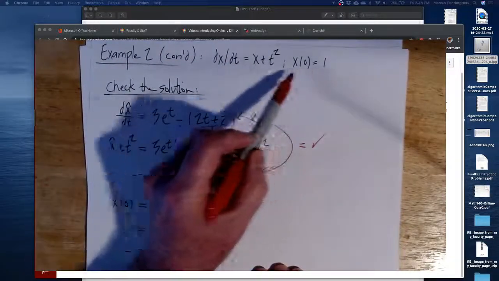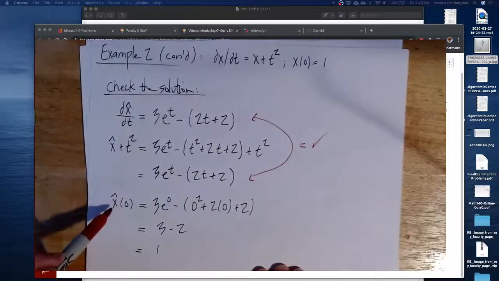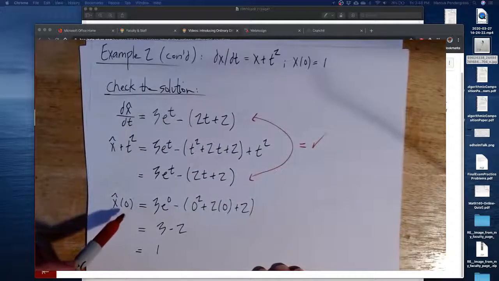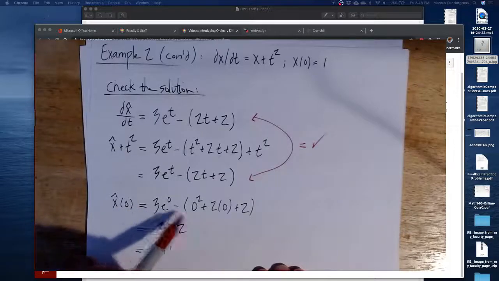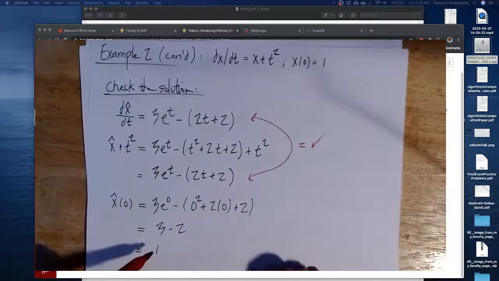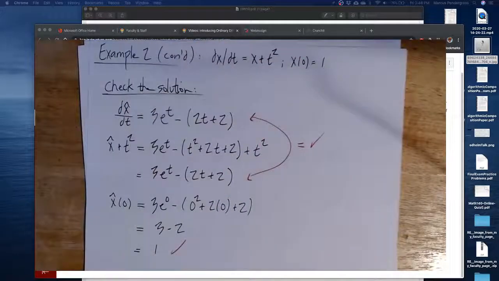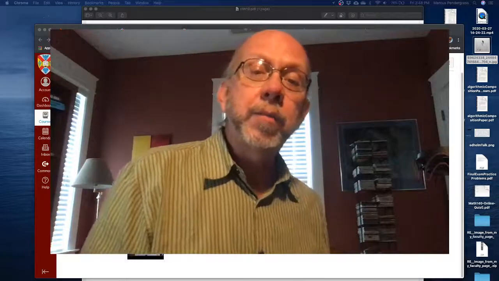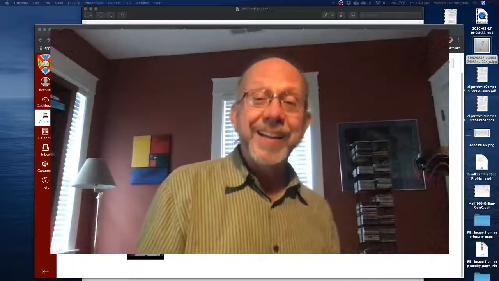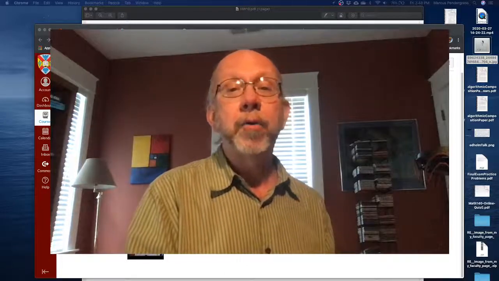And then let's check the initial condition too. Let's make sure that when t equals 0, x hat is 1. And when you do that, you see that definitely works out. And so the solution we arrived at through the Taylor series is the solution of our initial value problem.